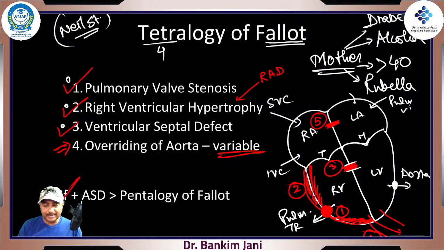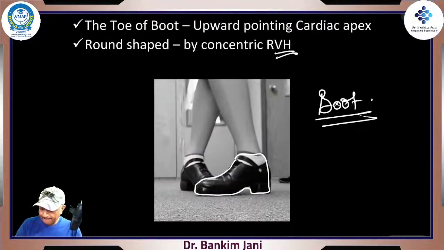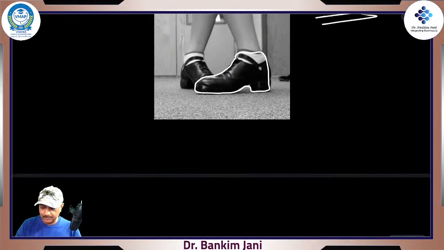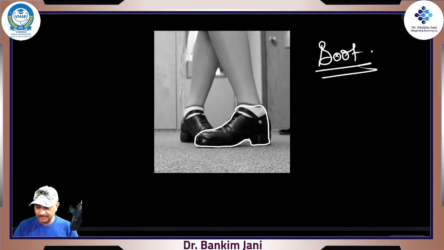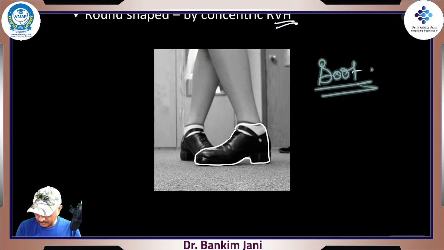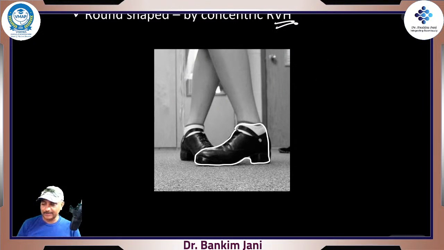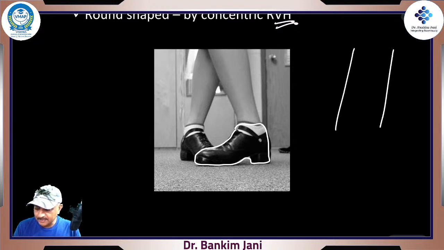What is this overriding of aorta? For overriding of aorta, we'll use this space. Initially, it's like this. This is what is called the truncus arteriosus.